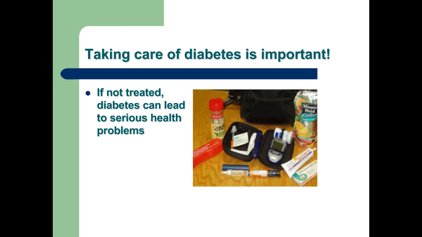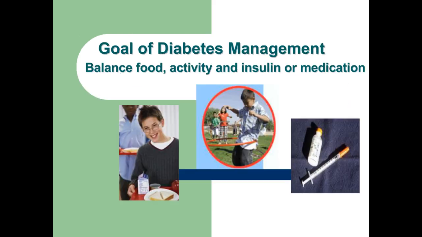The good news is that research shows that serious health problems can be greatly reduced or delayed by keeping blood sugar levels near normal. The goal of good diabetes management is to control blood sugar levels. The key to good blood sugar control is to carefully balance food, activity, and insulin or medication.